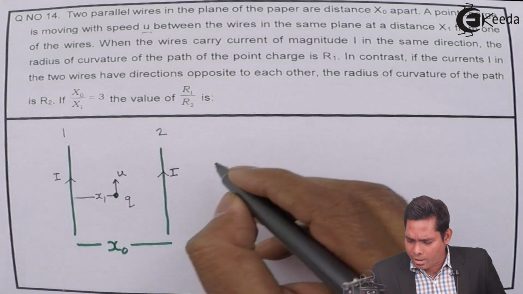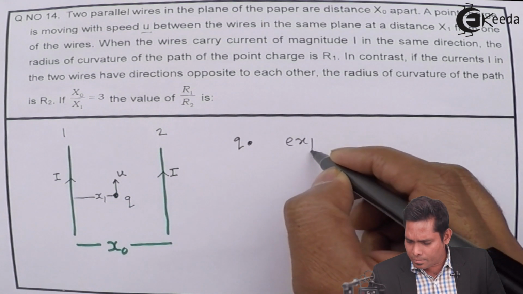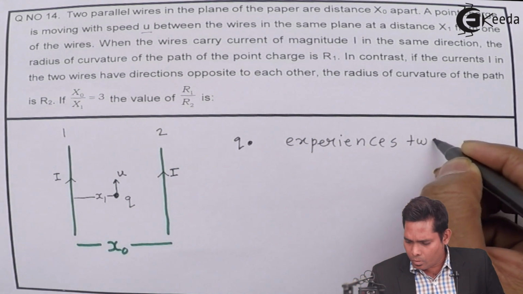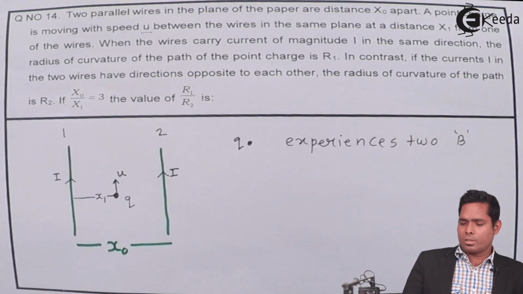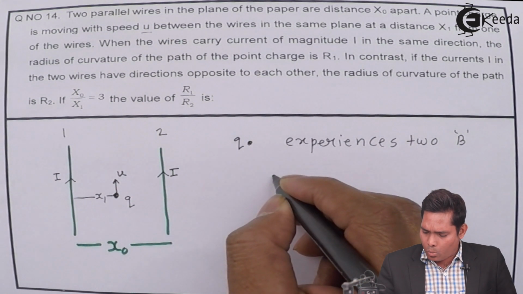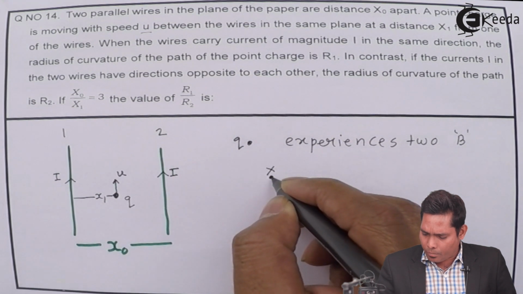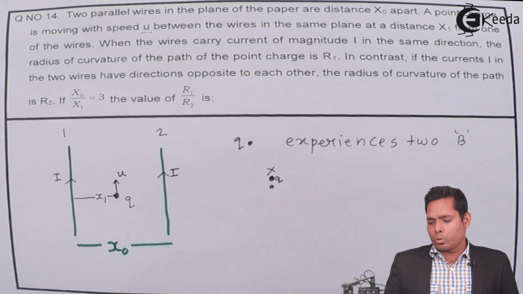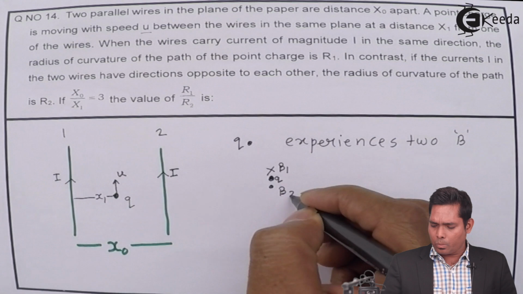So the charge q experiences two magnetic fields: a cross, into the page, due to B1, and a dot, out of the page, due to B2.